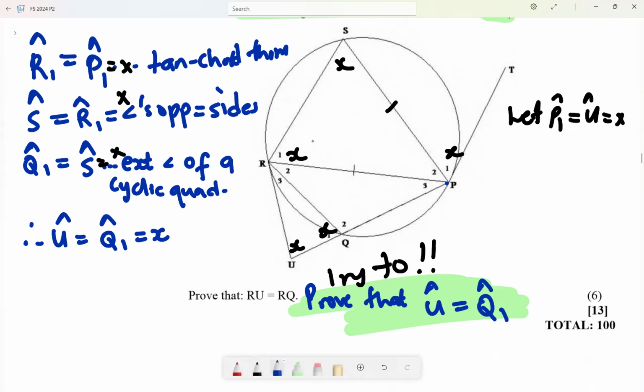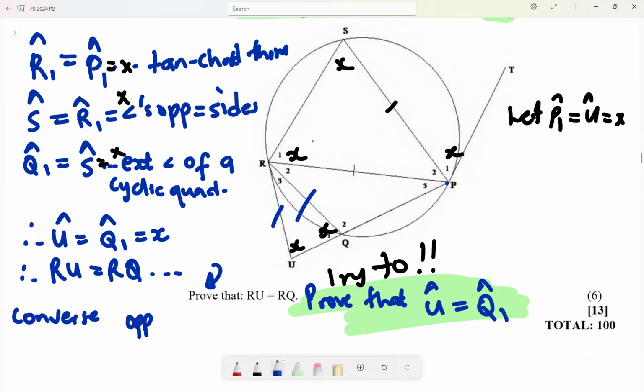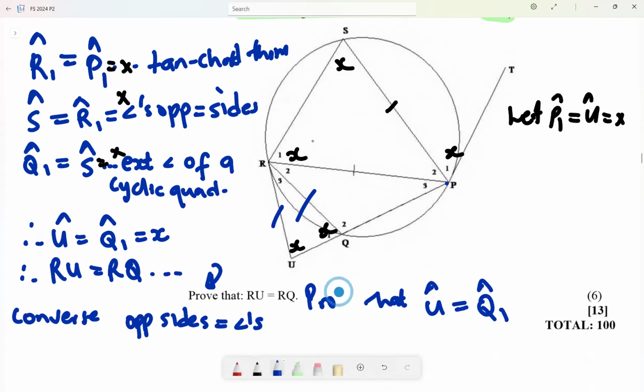But how does that help us? It helps us because RU and RQ will be equal. Therefore, RU is equal to RQ. We need a reason for that. The reason is the converse: opposite sides, equal angles. Cool.